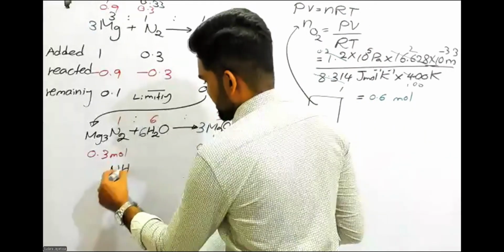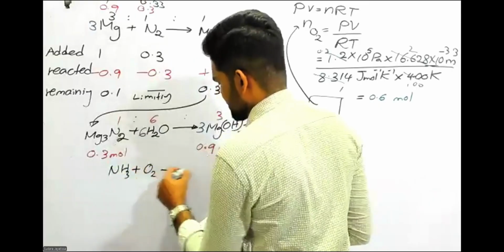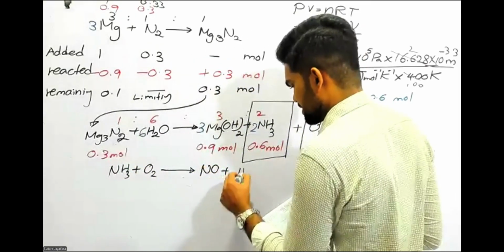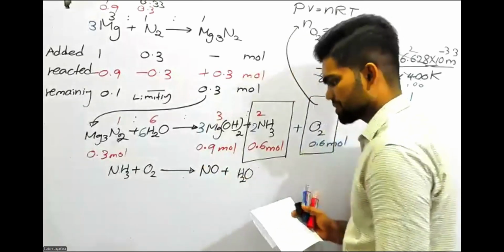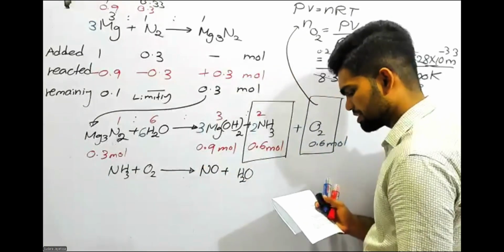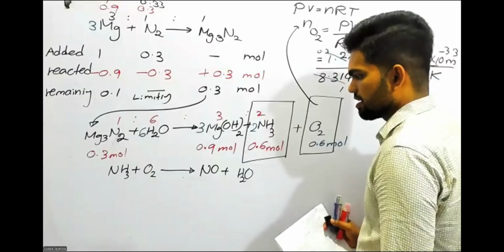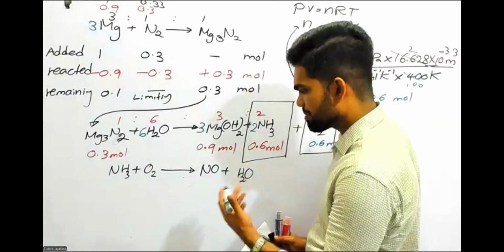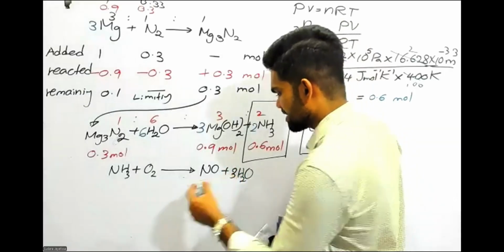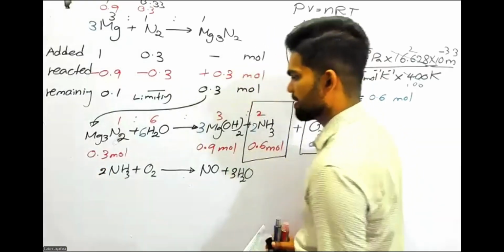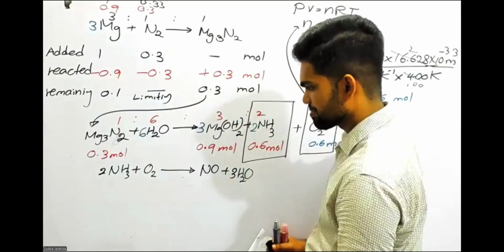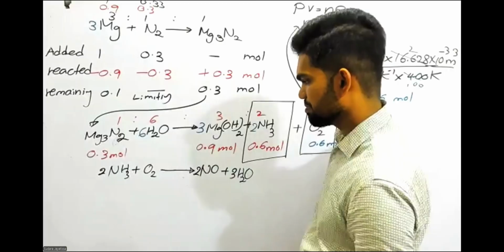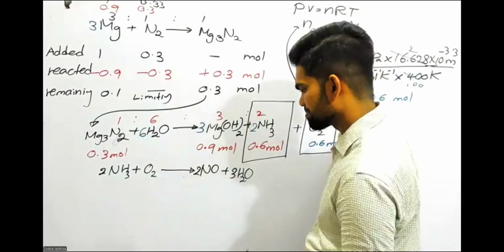This NH3 reacts with O2 to form NO gas and water. So we have to balance this. This is not balanced. If you put 3 and 2 in front of these, only hydrogen is balanced, and then hydrogen is balanced. If you put 2 in front of this, oxygen must also be added as 2.